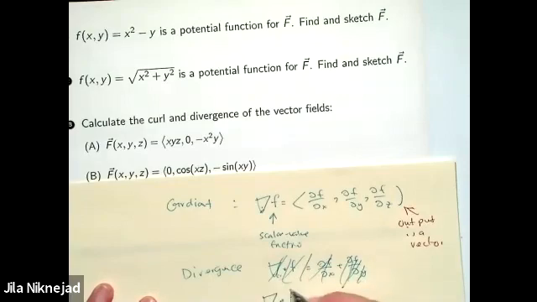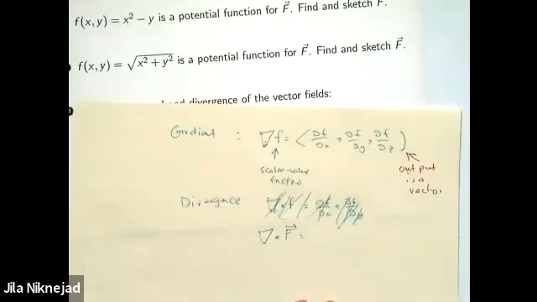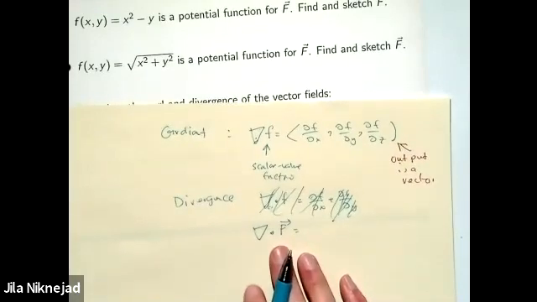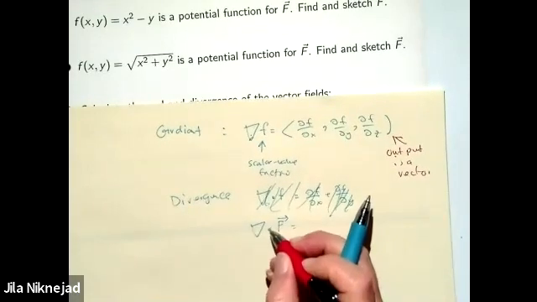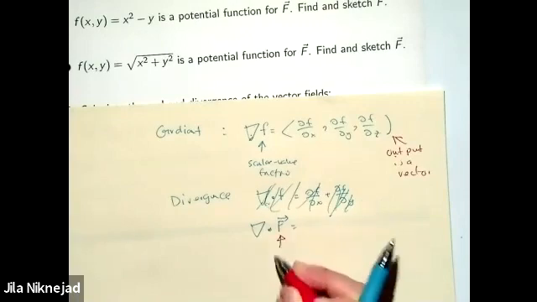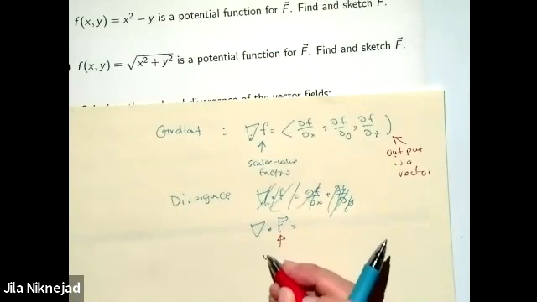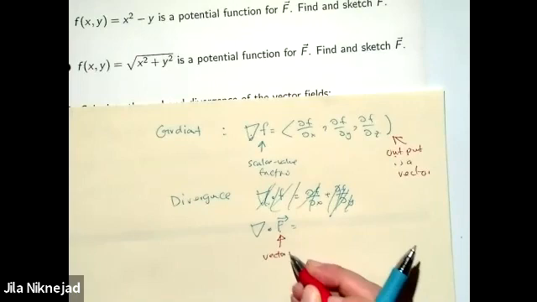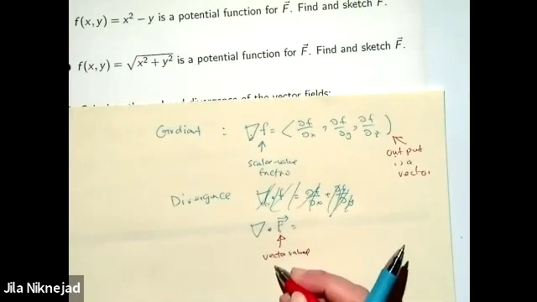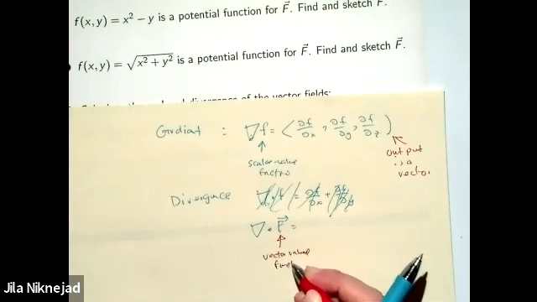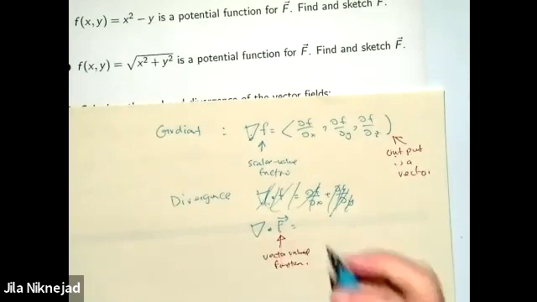Nabla times f, right? And so that f is this, because I said dot product, that should be a vector valued function. So in this case, let's say vector valued function.